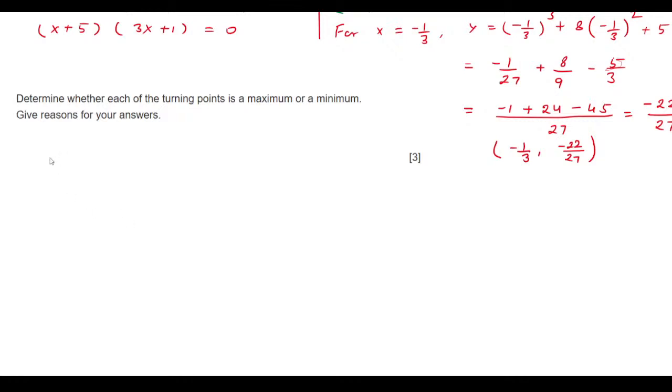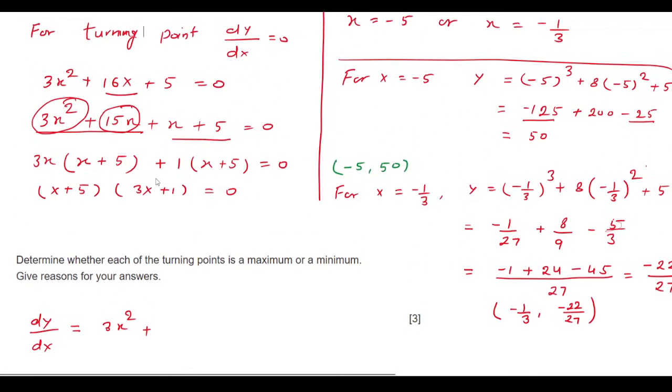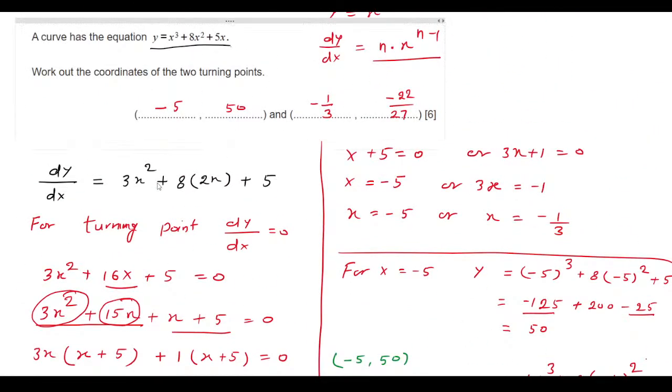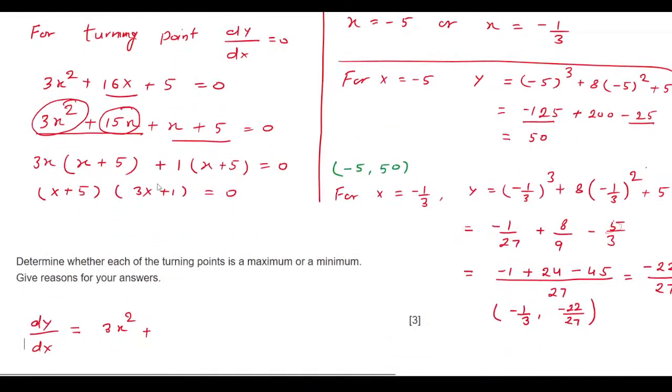For that, let us again see what dy by dx we have. So dy by dx is 3x squared plus 16x plus 5. This is my dy by dx.